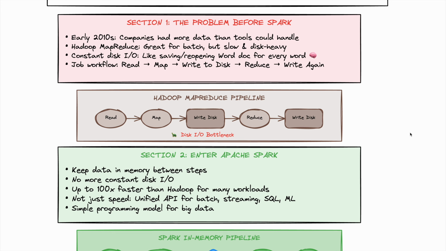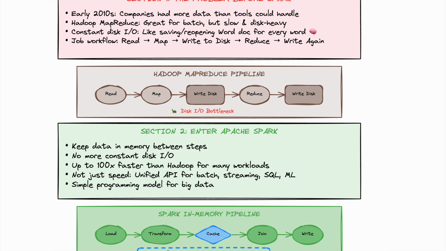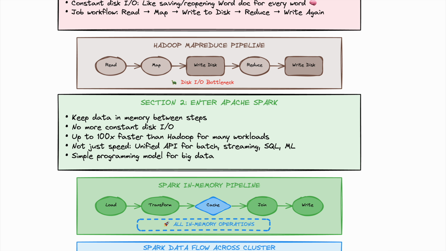If we visualize how the Hadoop MapReduce pipeline worked, we were reading data from a source, doing the mapping part, which is the transformation, and then writing the data to disk. Then we read from the disk, do the reduce operation, and write the result again to the disk. So the bottleneck of the MapReduce framework is the I/O operations.